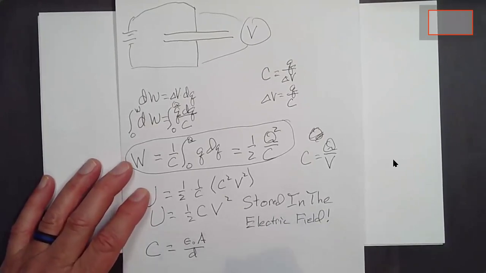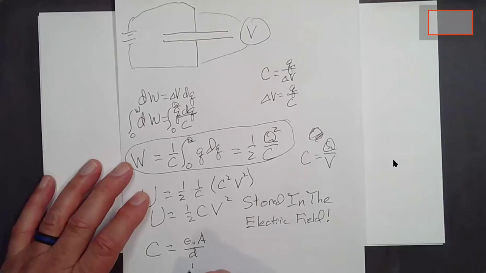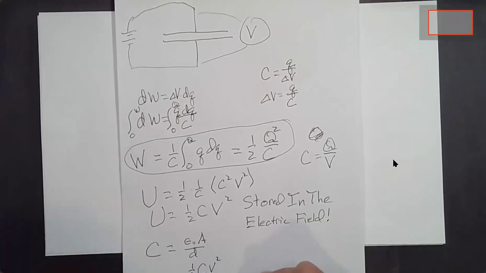It will be U is going to equal, let's see, 1/2 CV squared divided by A times D. Well, let's remember the capacitance is epsilon naught A over D. So let's take 1/2 epsilon naught A divided by D. That's the capacitance.